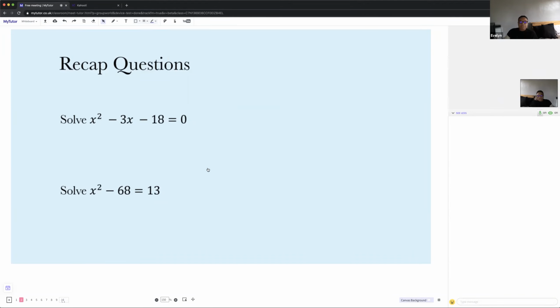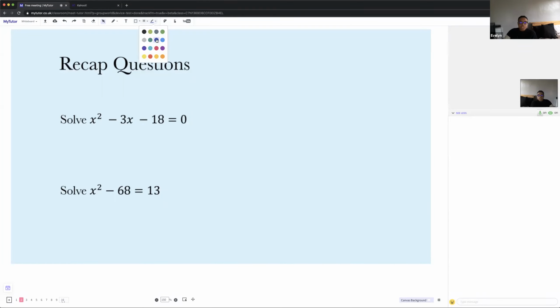So first things first, the first equation is equal to 0, so we don't need to rearrange it or anything. Now, to solve this one, I would say solve by factorizing. So we need two numbers that multiply to make -18, and they add to make -3.